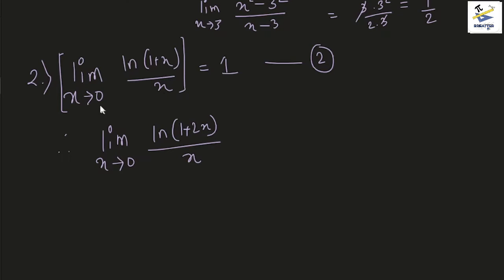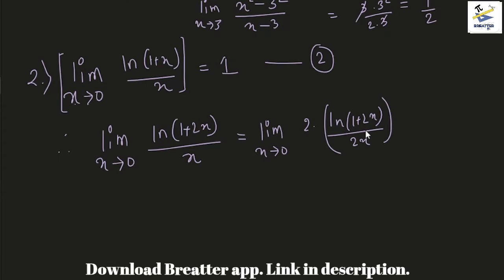It means that when the variable goes to 0, if you have logarithm of 1 plus that variable which goes to 0 divided by the same variable which goes to 0, this particular expression amounts to 1. So it really means here that limit x tends to 0, if you have a 2 here and you just write it like this, this expression in the limiting value should go to 0 or should go to 1.